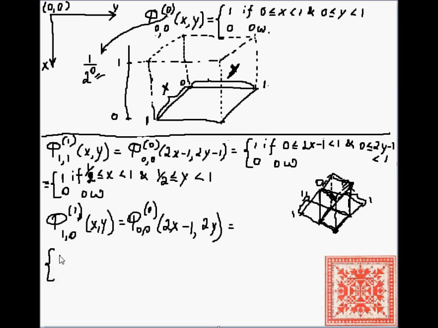And if we do the derivation, it's 1 if 2x minus 1 is greater than or equal to 0 and less than 1, and 2y greater than or equal to 0 and strictly less than 1, and 0 everywhere else.